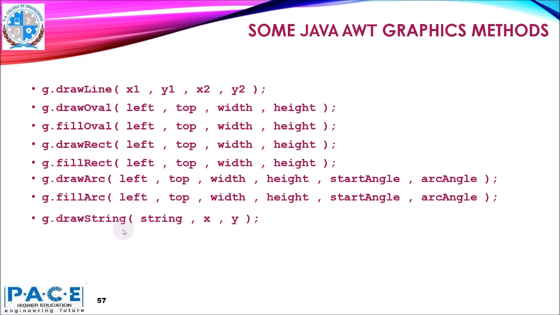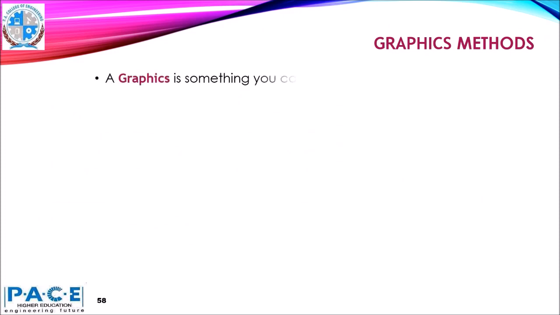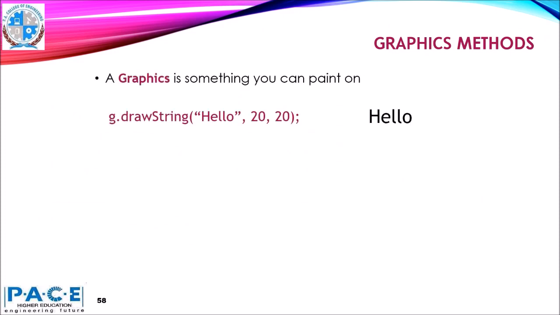Then there is a method called drawString, in which we specify a string and the x, y position where we want to start our string from. Using drawString we can display the string.